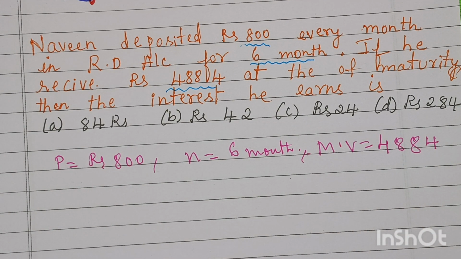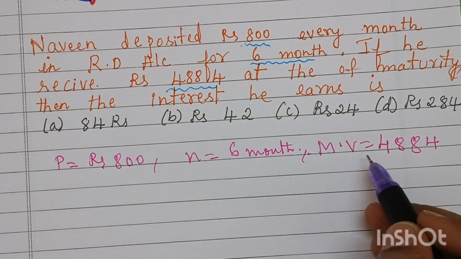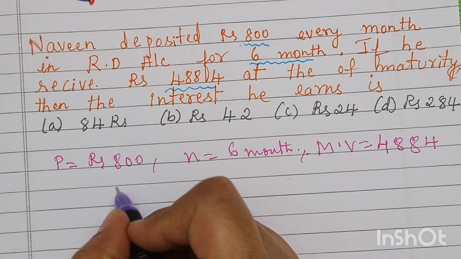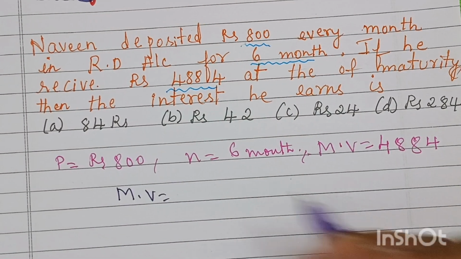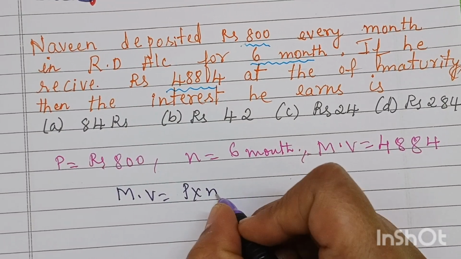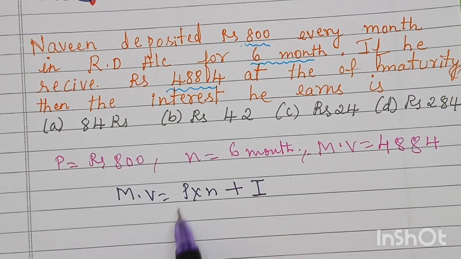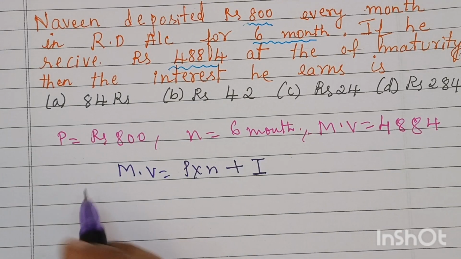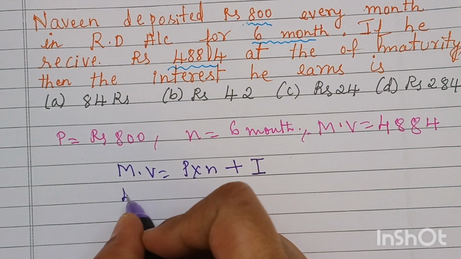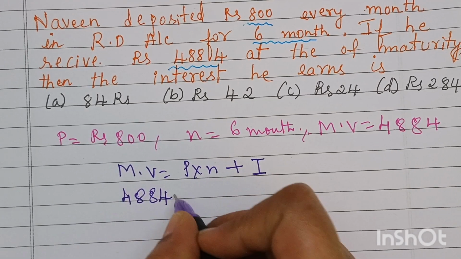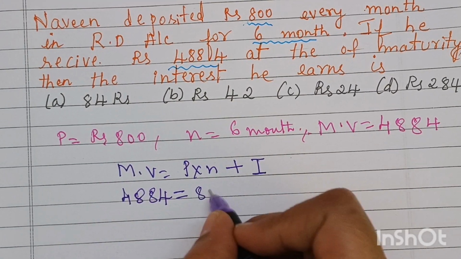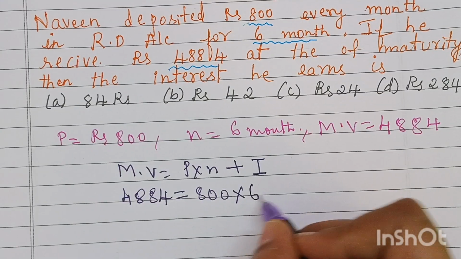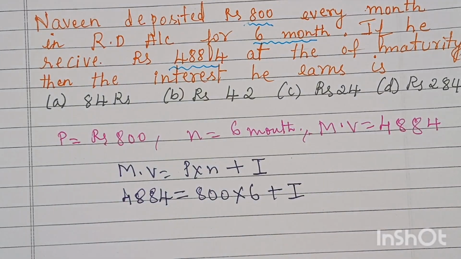So here, this is a 1 mark question. Since it is a 1 mark question, we can use the maturity value formula. Maturity value equals P into N plus I, deposited amount plus I. So here maturity value is given, that is 4884 equal to principal 800, number of months 6, plus interest.